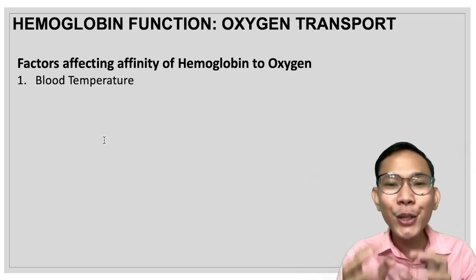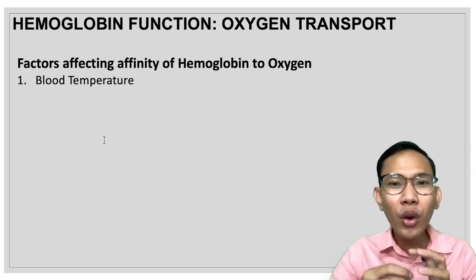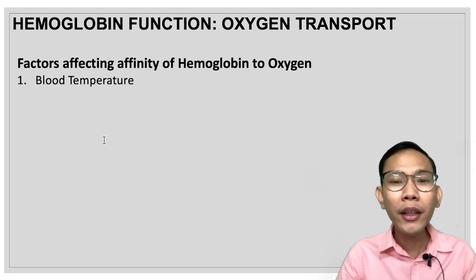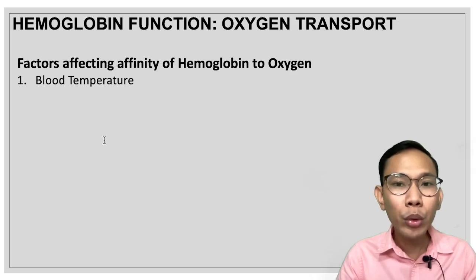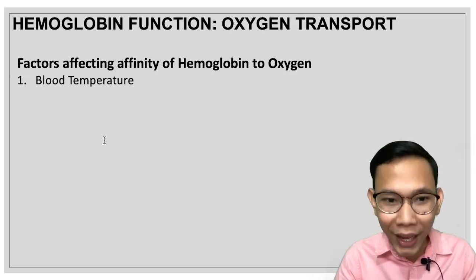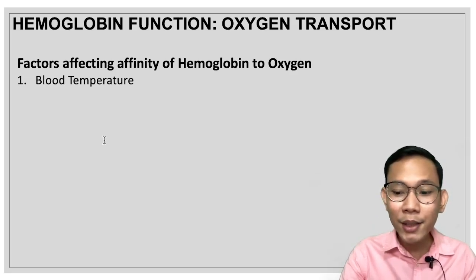There is lesser affinity of your hemoglobin to your oxygen. Your oxygen will be released. Therefore, an increase in blood temperature that will cause a denaturation between the bonding of your hemoglobin and oxygen will release your oxygen, causing now a shift to the right. That's very basic. Shift to the right. Remember that. Okay, let's continue.